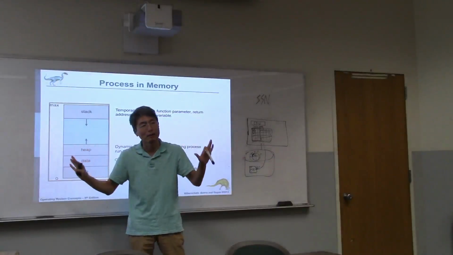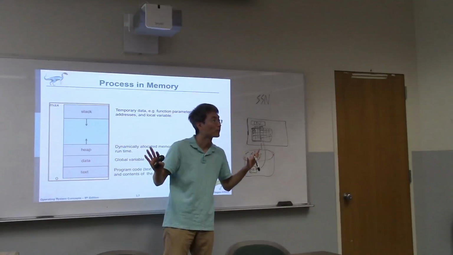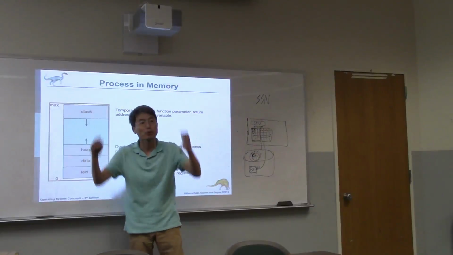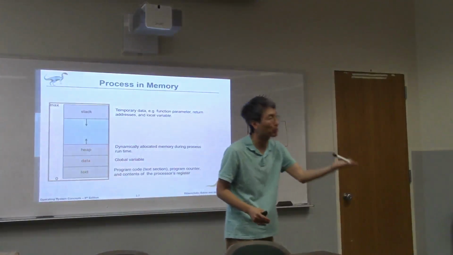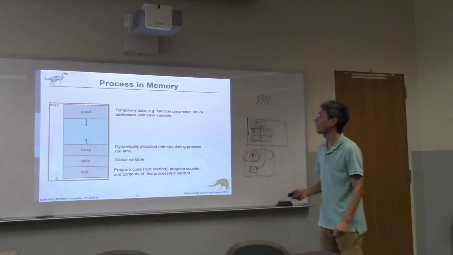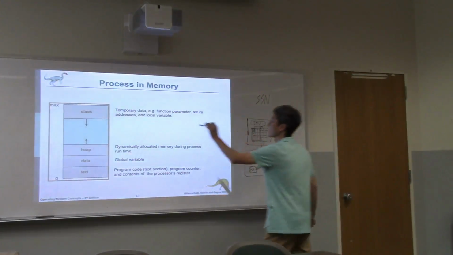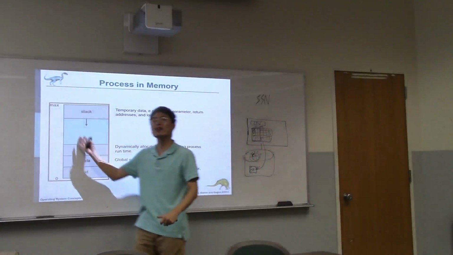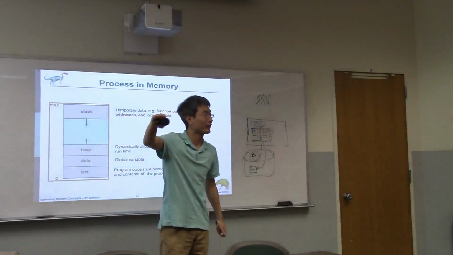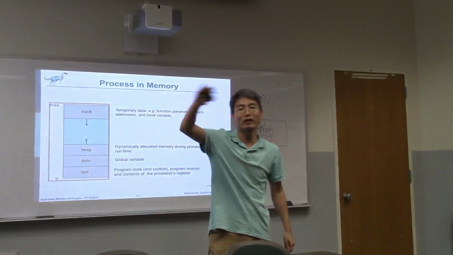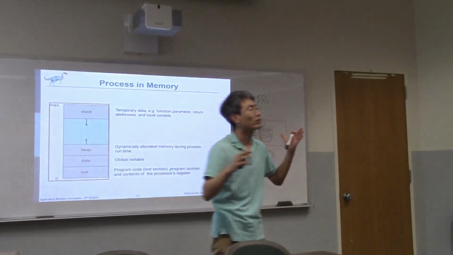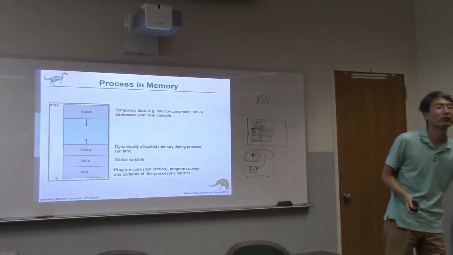Details vary depending on your operating system and the computer architecture, especially the CPU. The local variable is temporary space. The heap area is dynamically allocated, like a dynamic array, or the vector in Java.